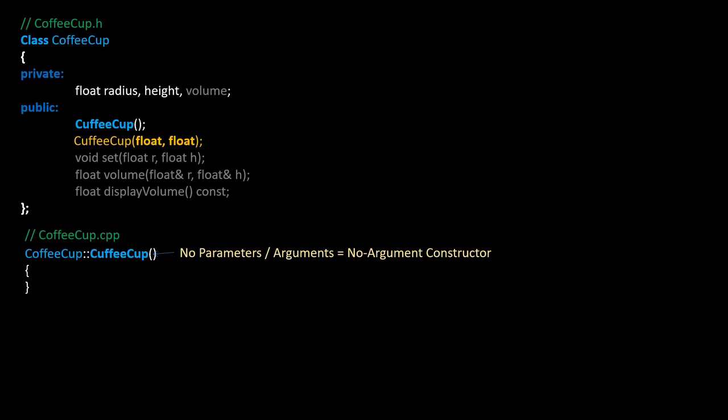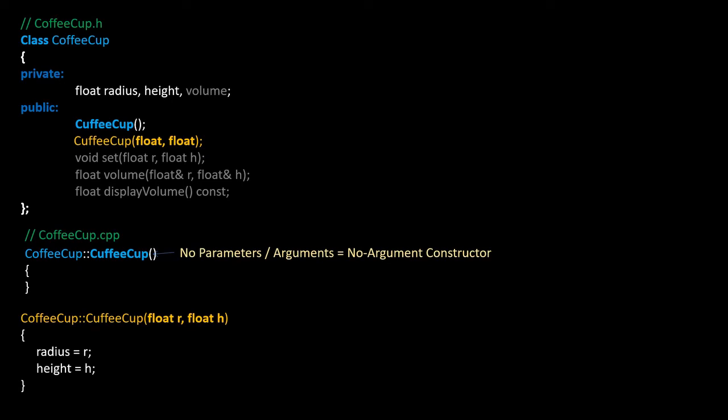There are many cases where you would want to give your object specific characteristics from the moment of creation. And to do this, you can call constructors with actual arguments. Here I am passing the radius and the height of a cup of coffee.